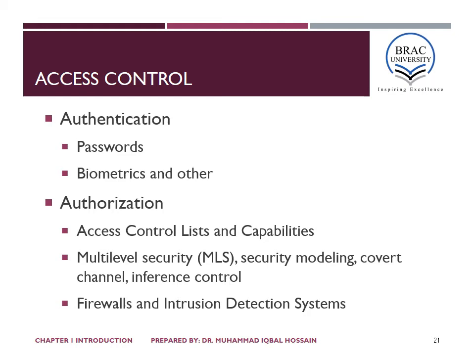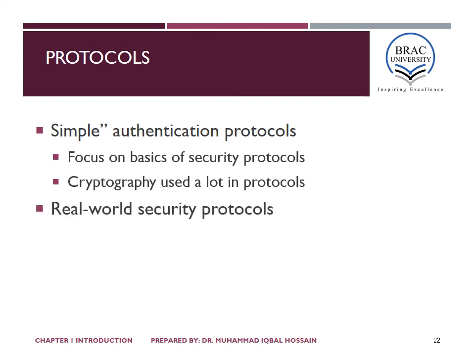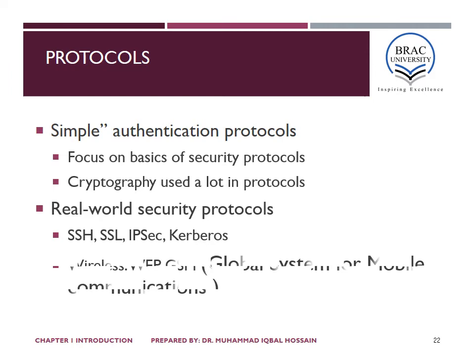In authorization, we discuss access control list, multi-level security, firewalls, and intrusion detection systems. We will see some simple authentication protocols, which are the basis of security protocols, and some real-world security protocols like SSH, SSL, IPsec, Kerberos. There are also some wireless protocols like WEP and GSM. I think you have heard these things.